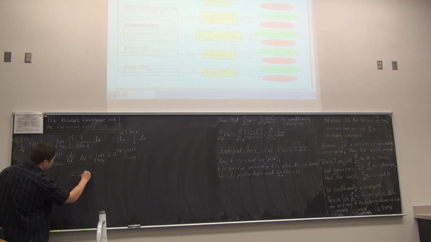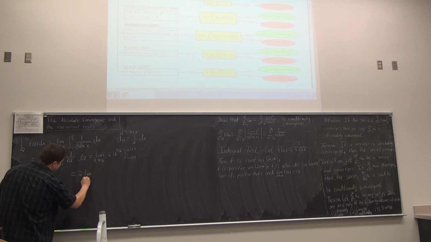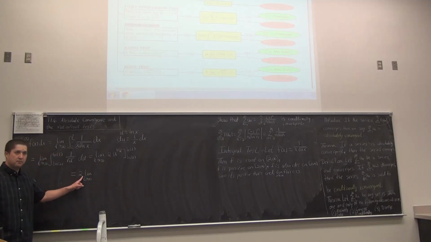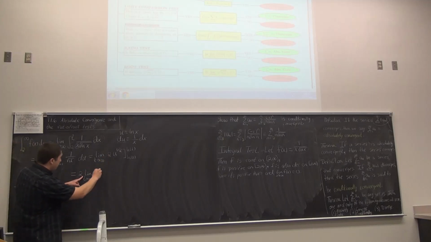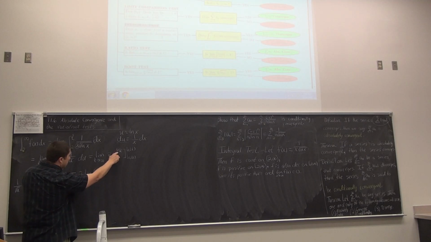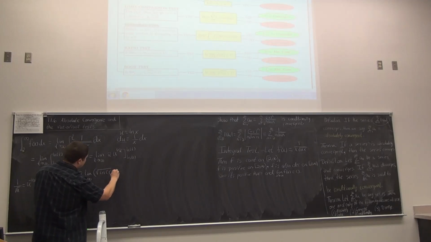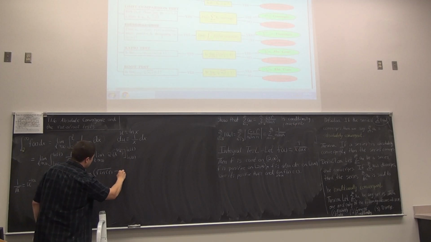I'll have 2 times the limit as t goes to infinity, since the limit of a constant multiple is that constant multiple times the limit. And the evaluation would give me square root of the natural log of t minus, then we'll do it at natural log 2, the square root of the natural logarithm of 2.